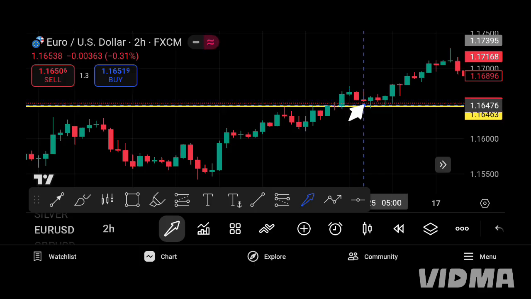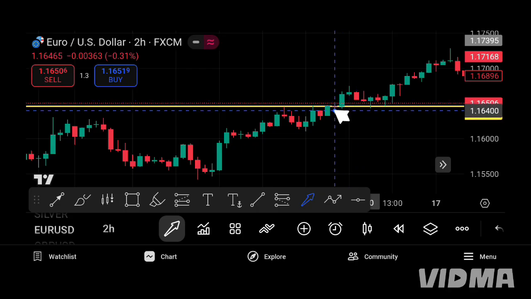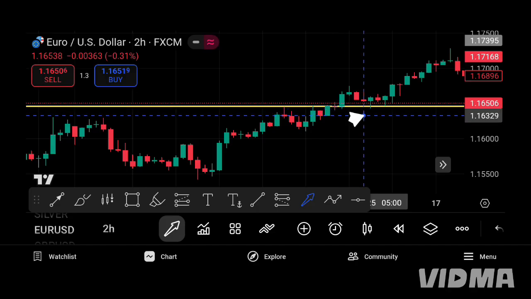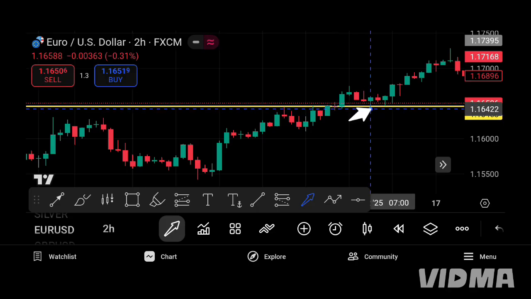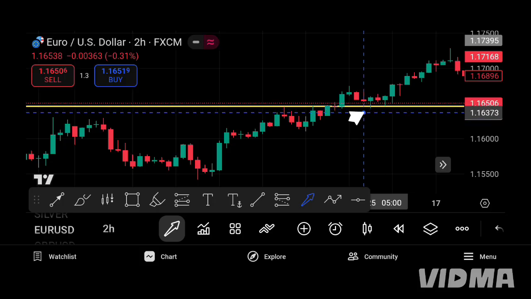After coming back to retest, again we swept liquidity of this red candle and our doji candle, the body that we have marked. You see this wick down here, it is below our line that we have marked.